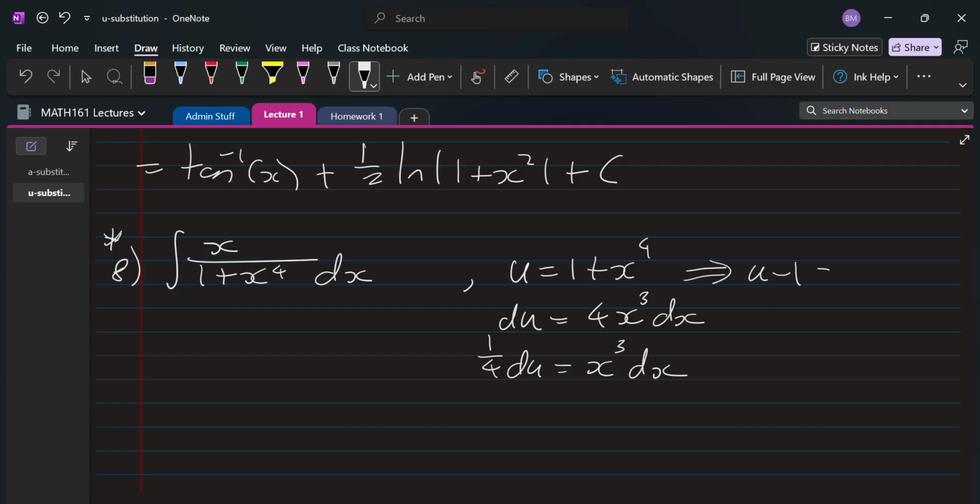So we solve for x to the 4. So u minus 1 equals x to the 4. And then what do we need? We wanted the x squared, right? So we've got x to the 4, we want x squared. What do we do? Square root, yeah.